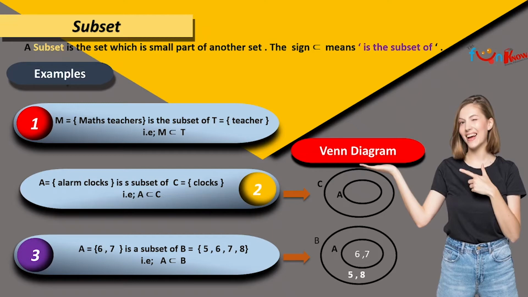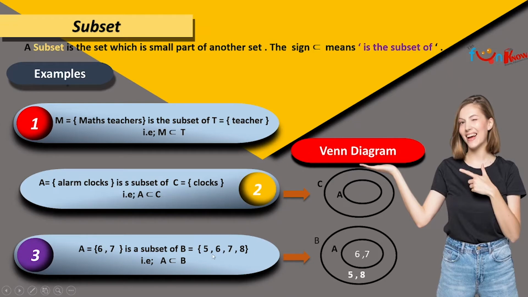So this is how we can write the Venn diagram. As you can see, C means clocks. There are different types of clocks, but in those clocks we are talking about alarm clock. So alarm clock will be inside that because it is a subset. The big one will be a set and the smaller one will be a subset. As you can see here, B includes 5, 8, 6, 7.